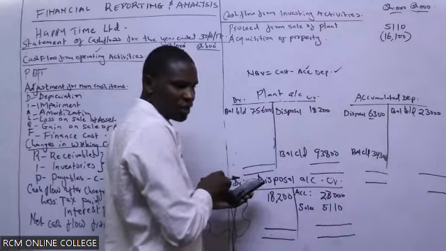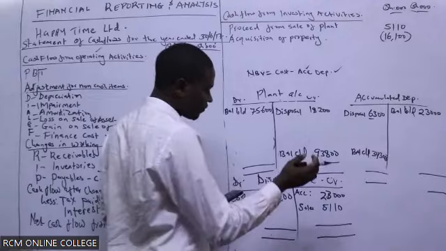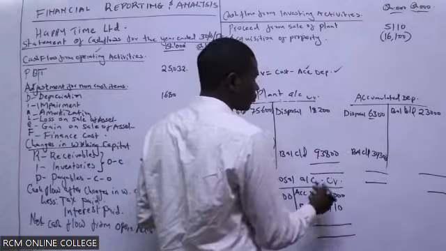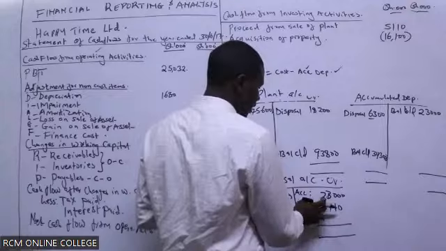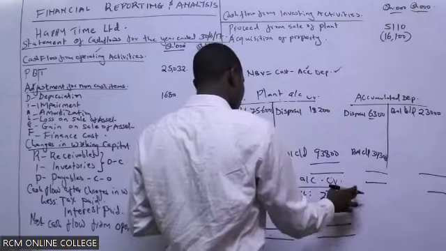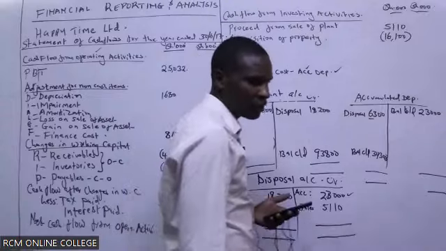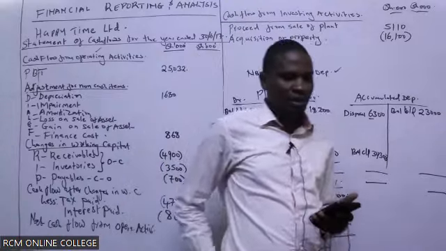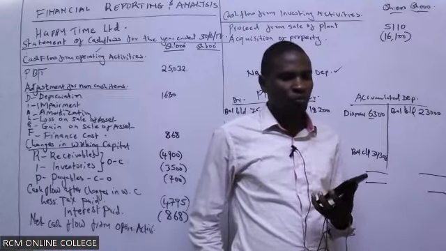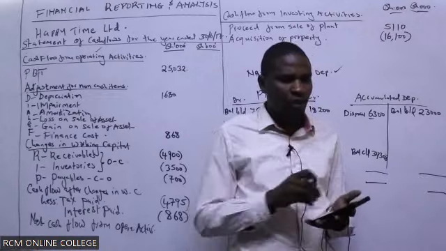Where is it borrowed from? From the accumulated depreciation account, the 23,000. Why did we use it in the disposal account when it had no relationship with the disposed item? The disposed item had its own accumulated depreciation.